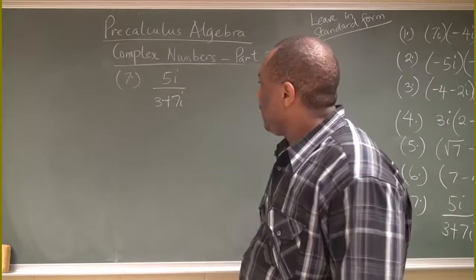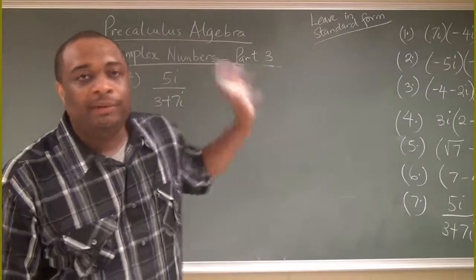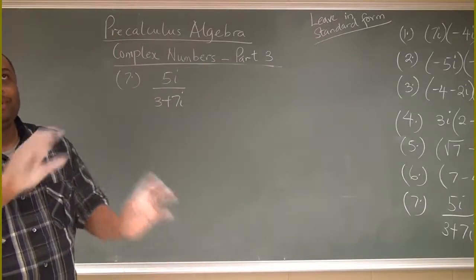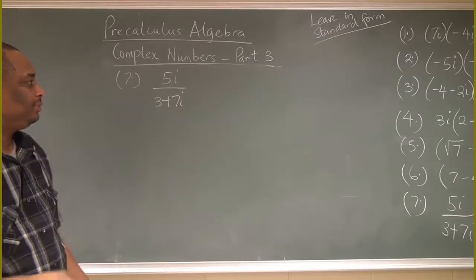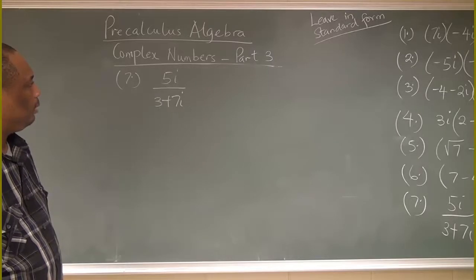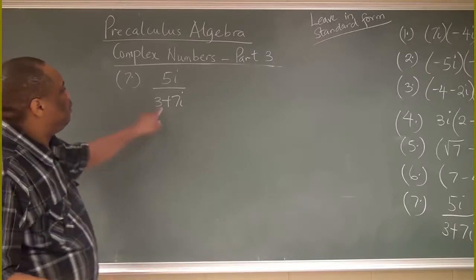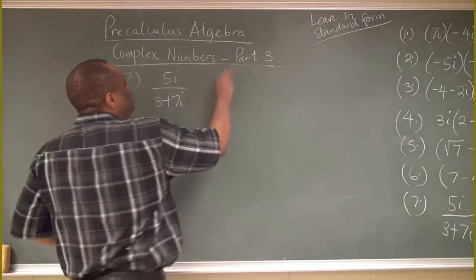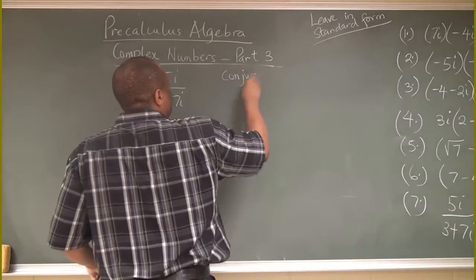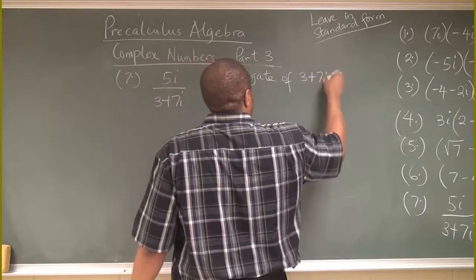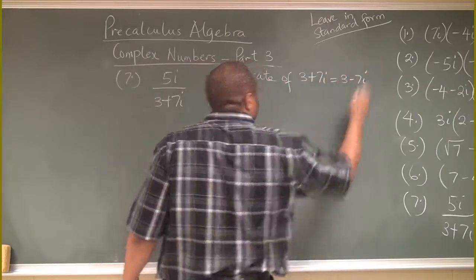Yeah. So you actually want rational numbers to be at the bottom. That's why we say rationalization. Okay, you want rational numbers at the denominator. So now we look at this. What is the conjugate of the denominator? 3 plus 7i. That will give us 3 minus 7i.